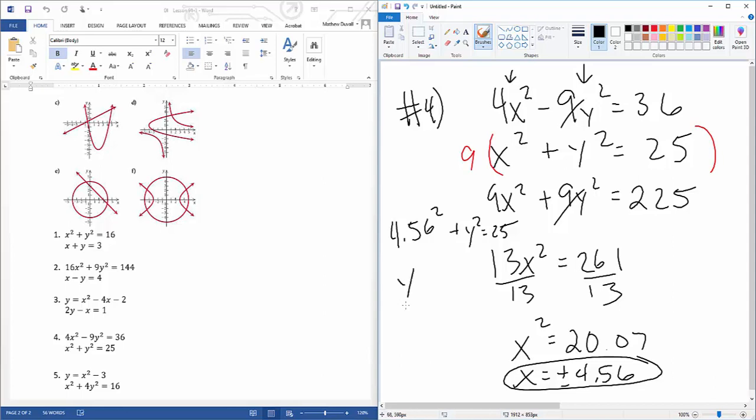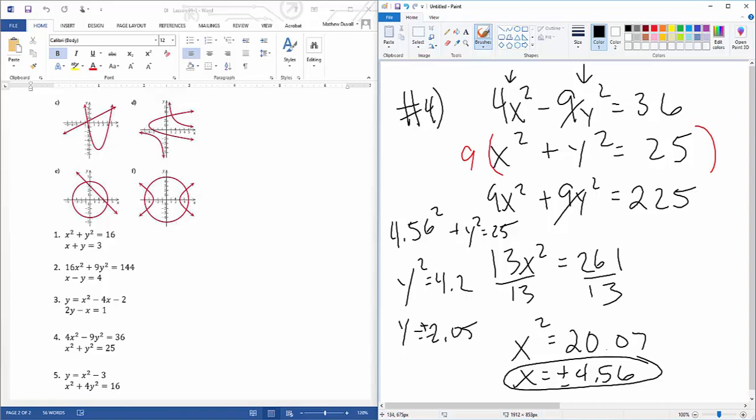So that's going to give me y squared equals 4.2. And then take the square root. And so we're going to get y is approximately 2.05, and that's plus or minus.